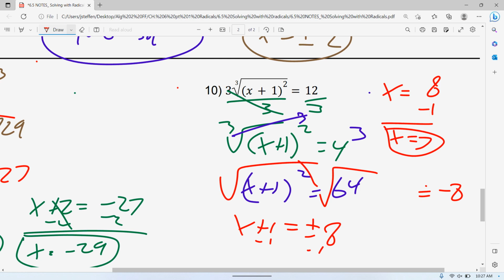So negative 1 is x is equal to negative 9. For 7 and 9. Again, any of them have an even. You're going to have two answers. We don't care about the index number. We don't care if that's even or odd. We're only focused on the exponent.